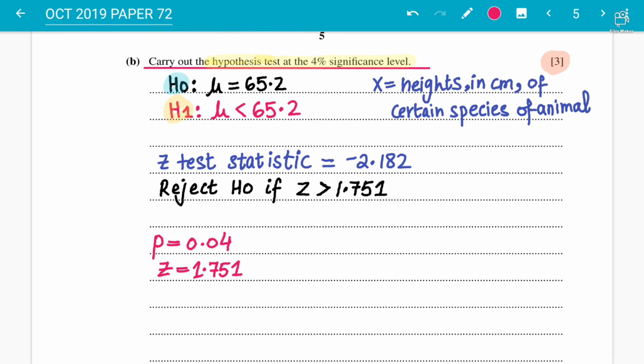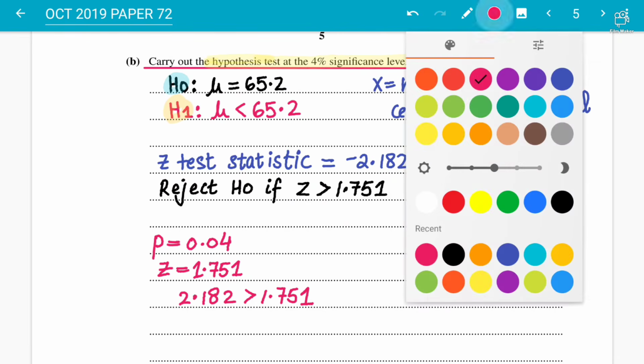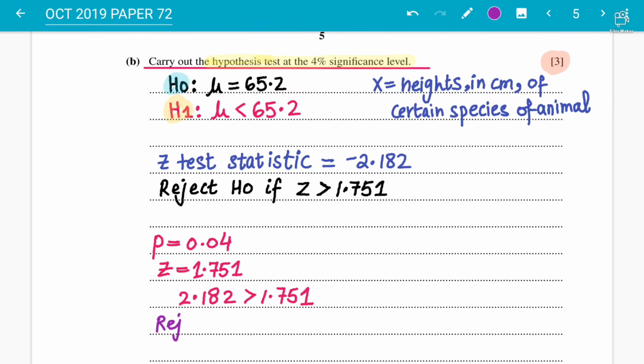We have minus 2.182, so 2.182 is definitely greater than 1.751. So you will have to reject H naught if the test value is greater than 1.751. So this case is solved: reject H naught.